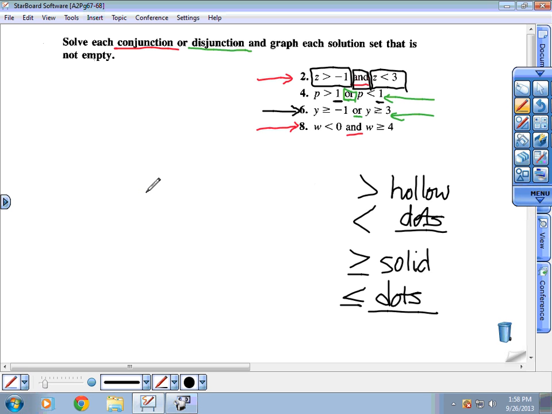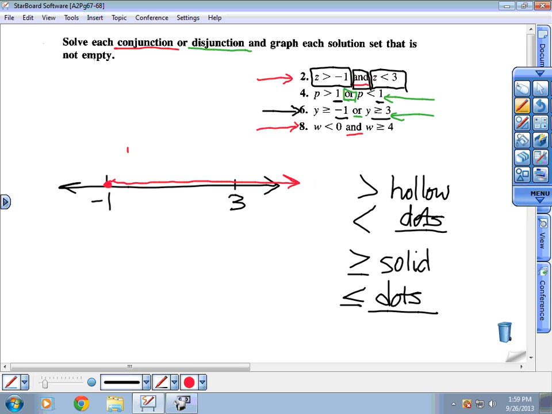For number 6, I plot my 2 endpoints, -1 and +3. Then y is greater than or equal to -1, which means I can include -1, and it's greater than, so it's to the right.